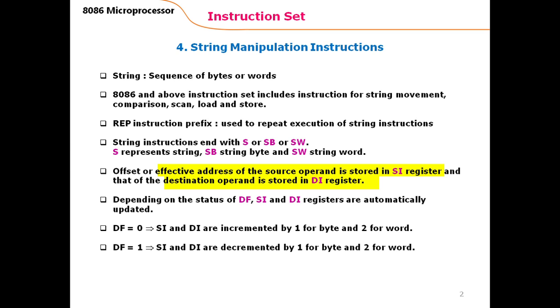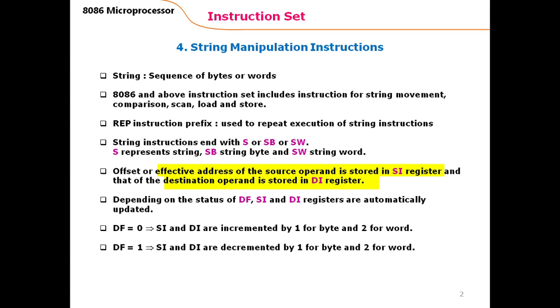Similarly, just like other microprocessor instructions, the effective address or the offset needs to be used to calculate the physical address. So in these instructions, normally the effective addresses or the offset addresses of the source operand and destination operand are stored in the source index register and the destination index register.